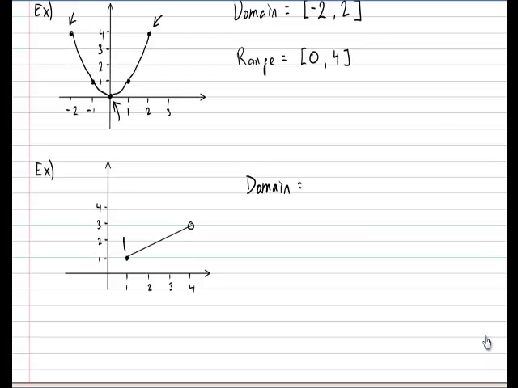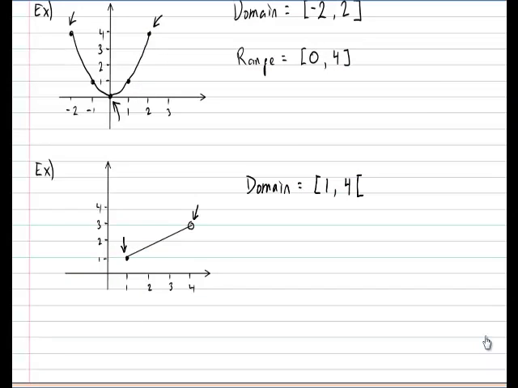The x value first starts at x equals 1. So the domain starts at 1. And the line, there's no gaps in it, so it keeps going, it's everything in between, and it stops at this point. There's no more x values beyond that. Now be careful. That is an open point, which means that the x value at that point is actually not included. So the x value there is 4, and the bracket has to indicate that it's not included.